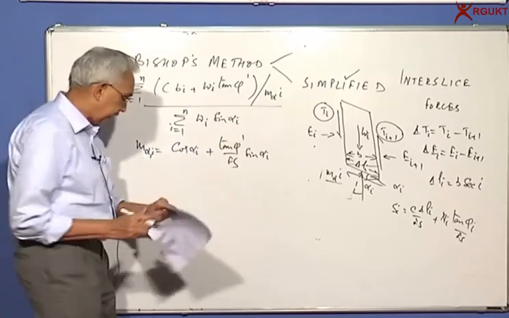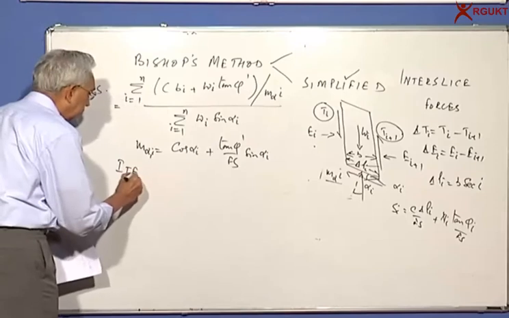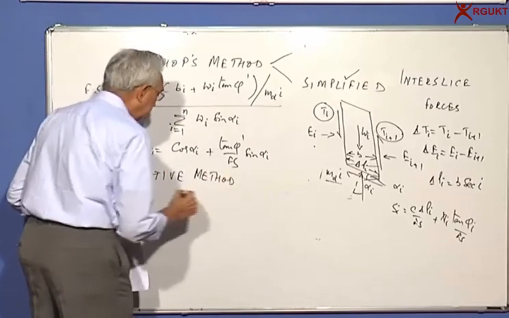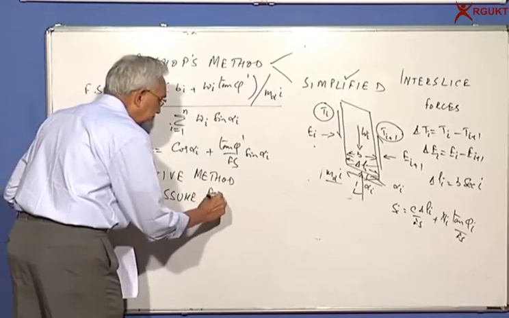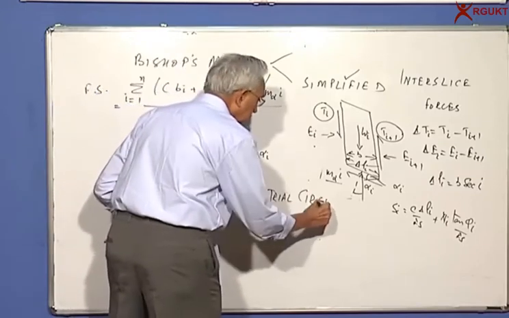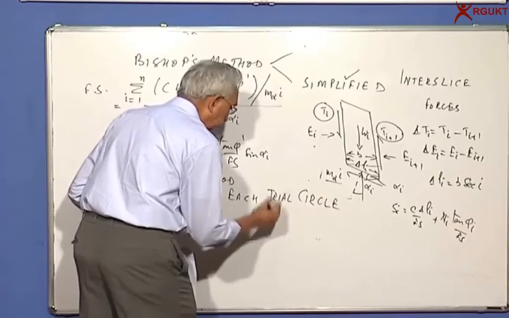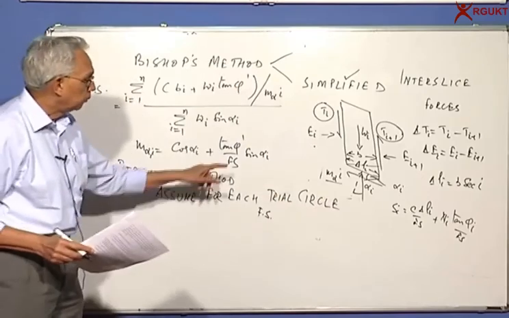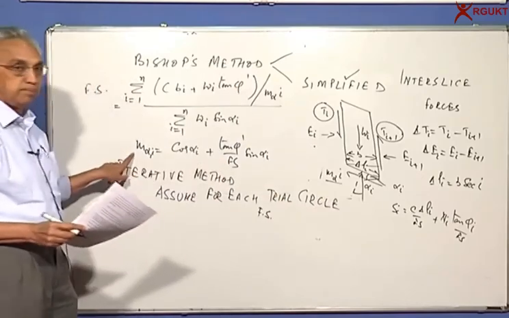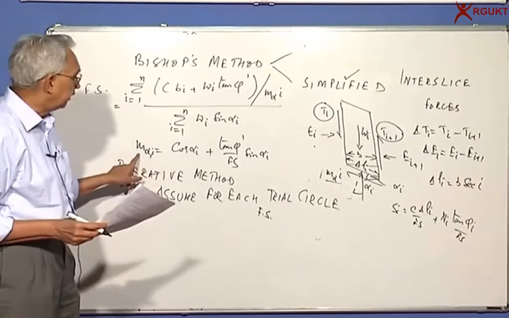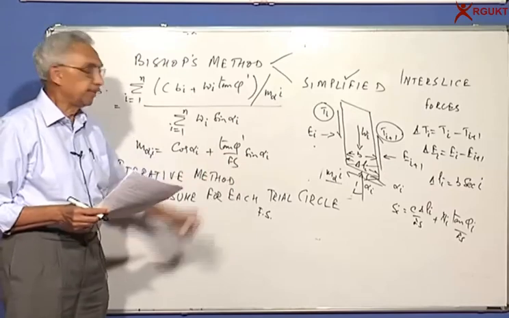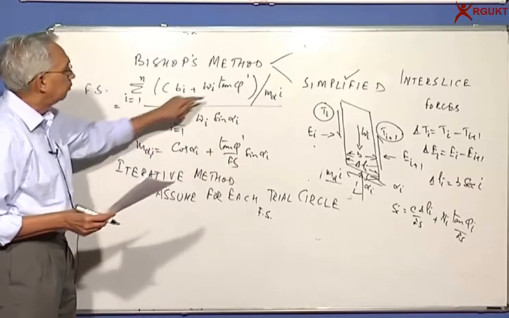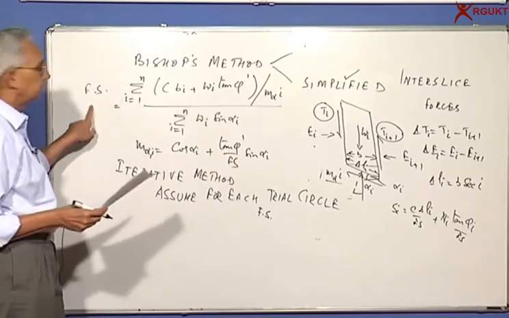So it becomes an iterative method, which means you have to assume a factor of safety for each trial circle. I assume a value and put that in to calculate m alpha i. For each slice, I have to find out how much is m alpha i, knowing cos alpha i and sin alpha i. Once you know that, I go into this equation and calculate the factor of safety.